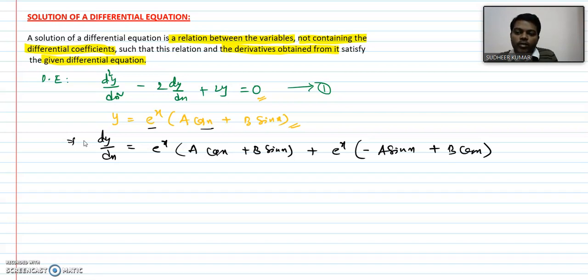To get the second order derivative, again differentiate with respect to x. So d square y by dx square equal to, this result can be written as y.